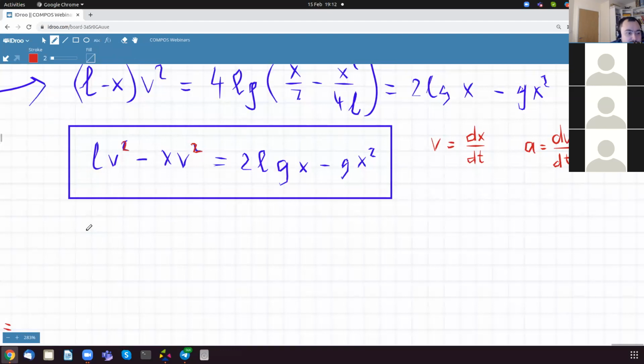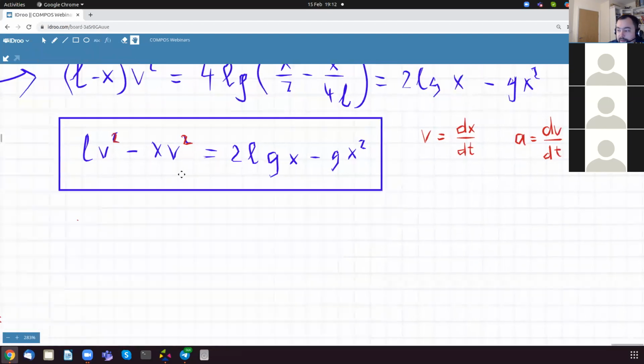It's going to be in terms of t, of course, so we differentiate with respect to t. I know L is constant, so we keep the constant out.